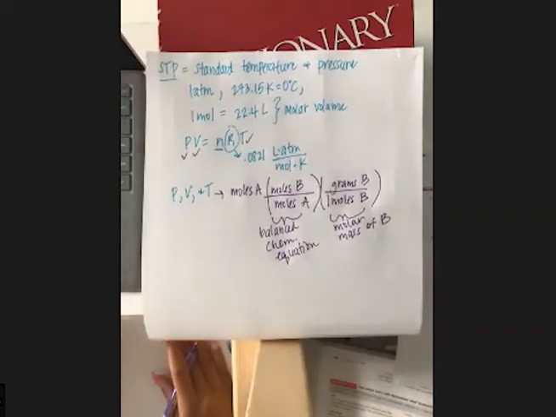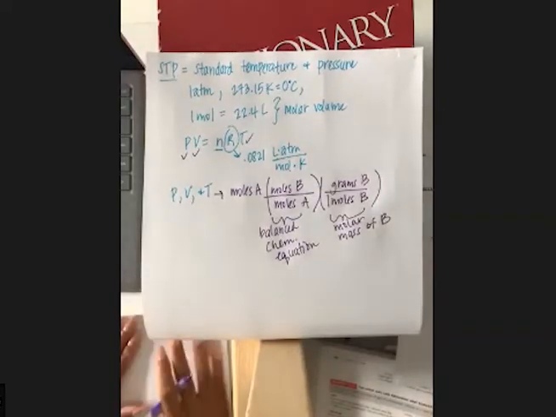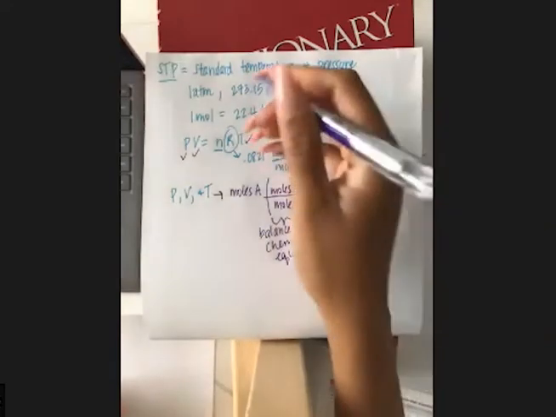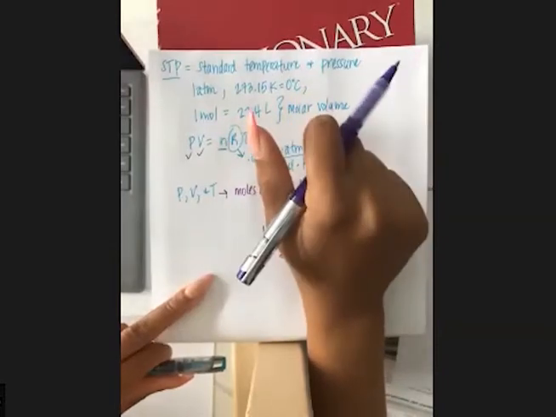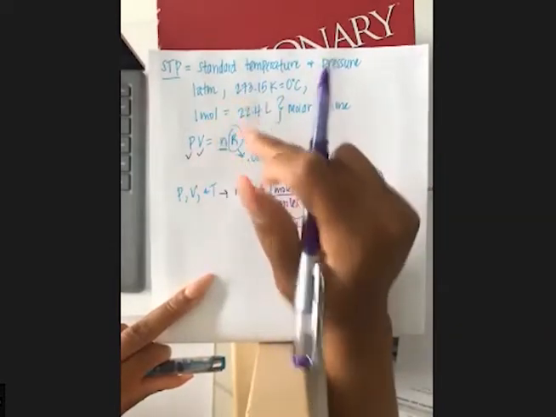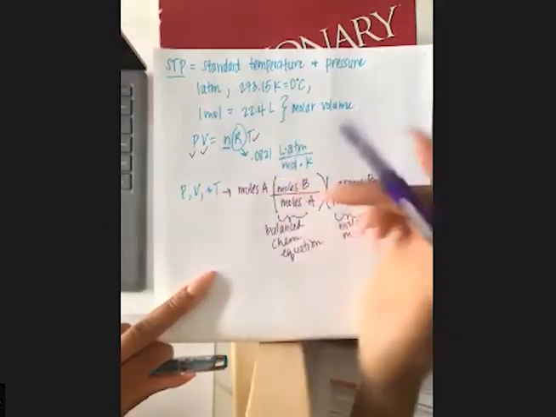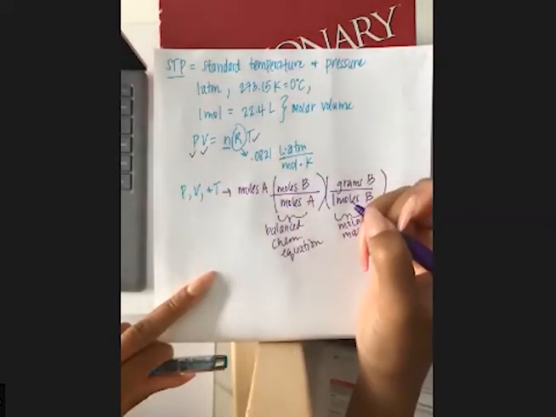My whole point is to always solve for moles, no matter how I have to solve for moles. If I have particles, I use Avogadro's number to solve for moles. If I have liters, I can either use the molar volume to solve for moles, or if I know the pressure, volume, and temperature, I can use the ideal gas law to solve for moles.